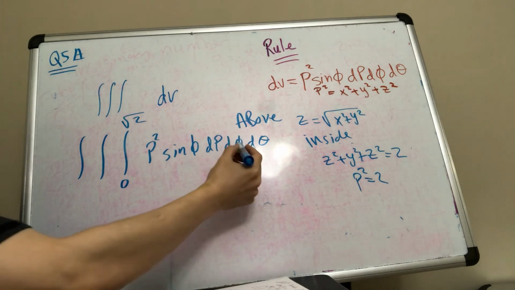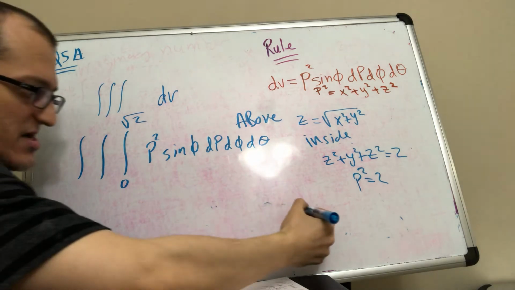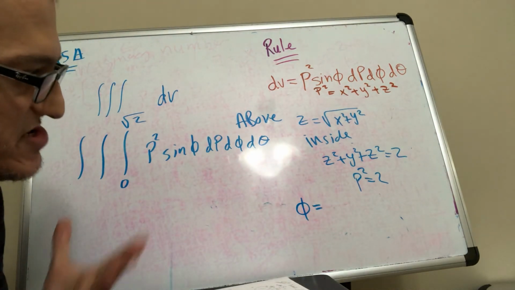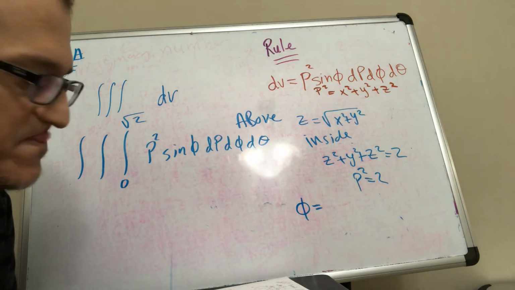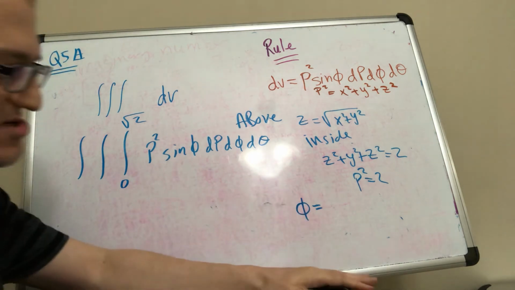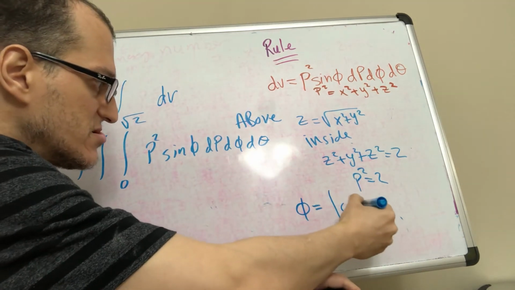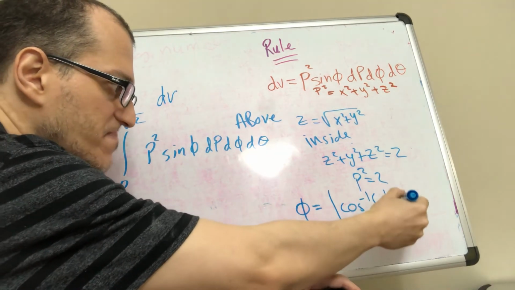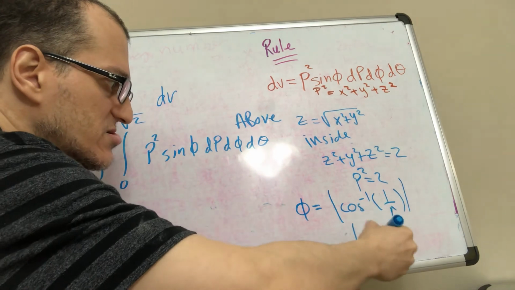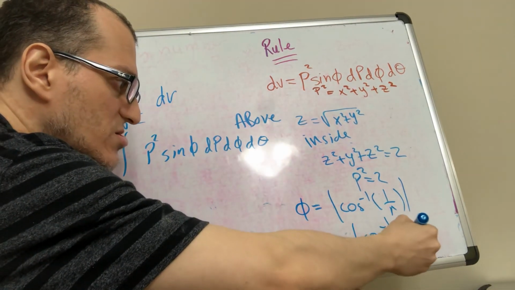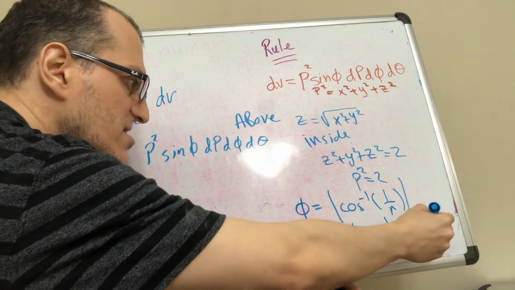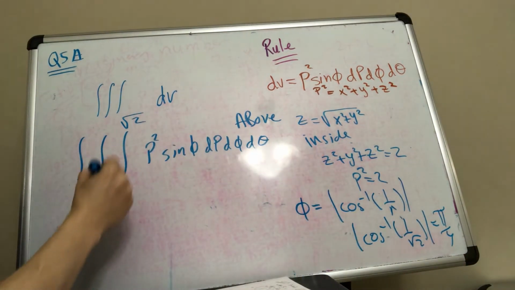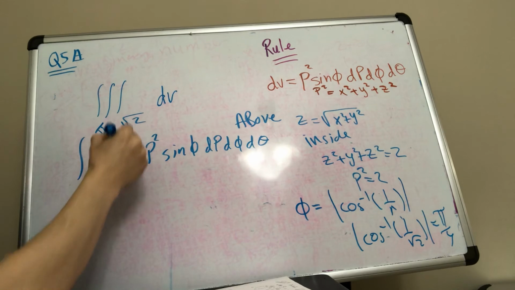Now, the angle here is the problem, and I told you it's either you can visualize it or sketch it, or you can try this concept, which is cosine inverse of 1 over radius, which is cosine inverse of 1 over root 2, pi over 4. So that would be 0 to pi over 4.